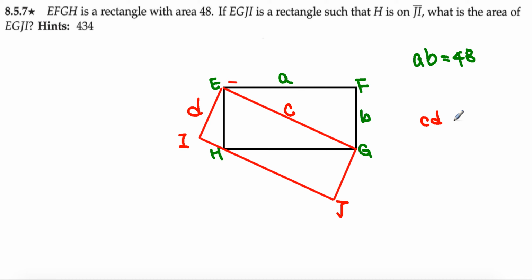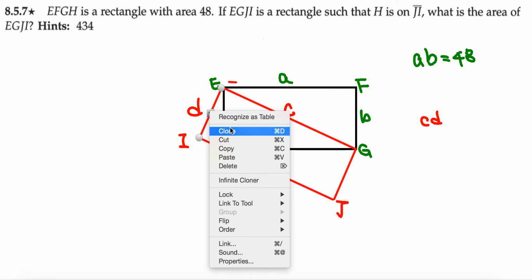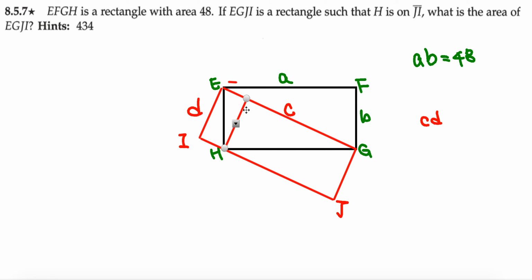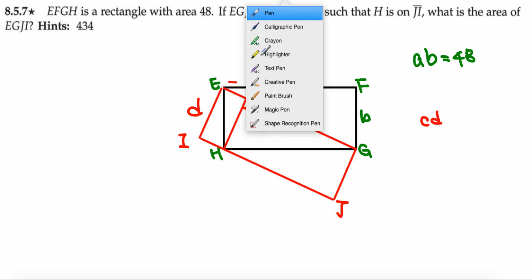But did you realize that since the red one is a rectangle as well, wait a minute, I can copy that line segment and bring it over and connect it from point H to the side C. What does that become? It becomes the height of the bottom triangle.